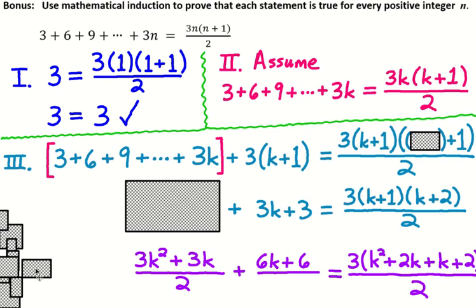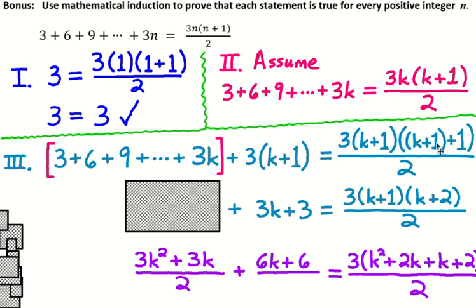So over here it's going to be 3 times k plus 1, and then in here a k plus 1 plus 1. And we're going to show that this holds true as long as this is true. So if this is true, we're going to show that all of this is true.